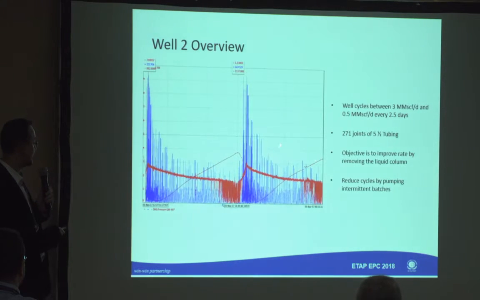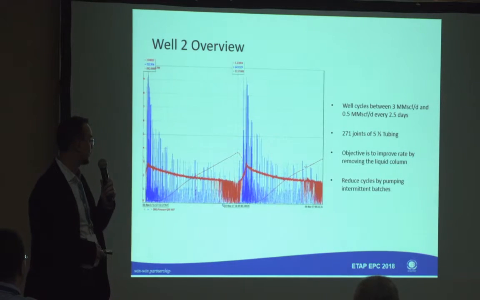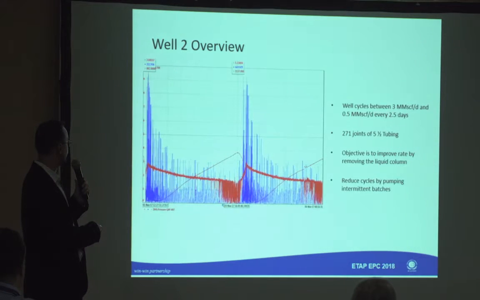This is the second well. The second well did not have as much liquid loading as well 1, but it still had liquid loading. And you can see here your gas rate, your water production in blue, and then your bottom hole pressure.